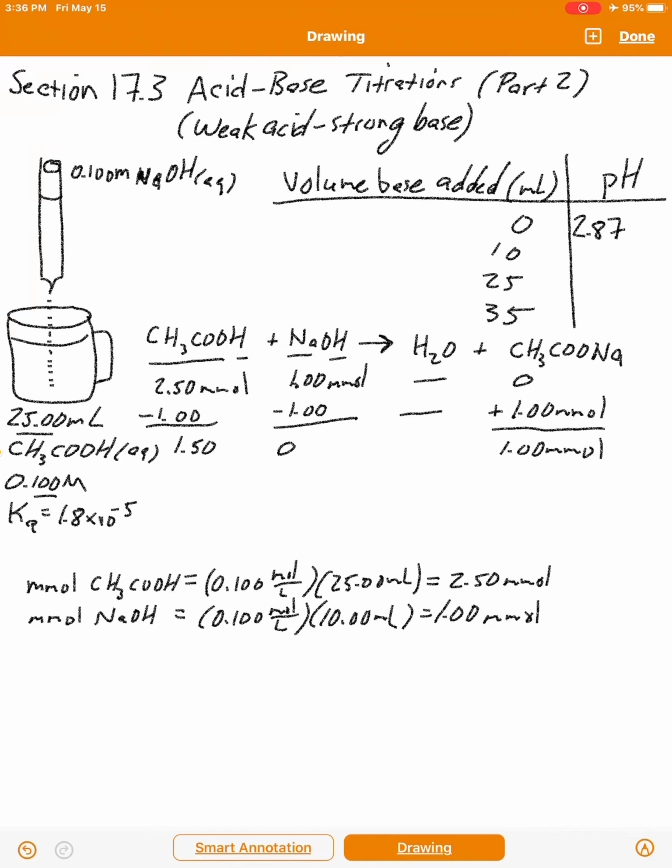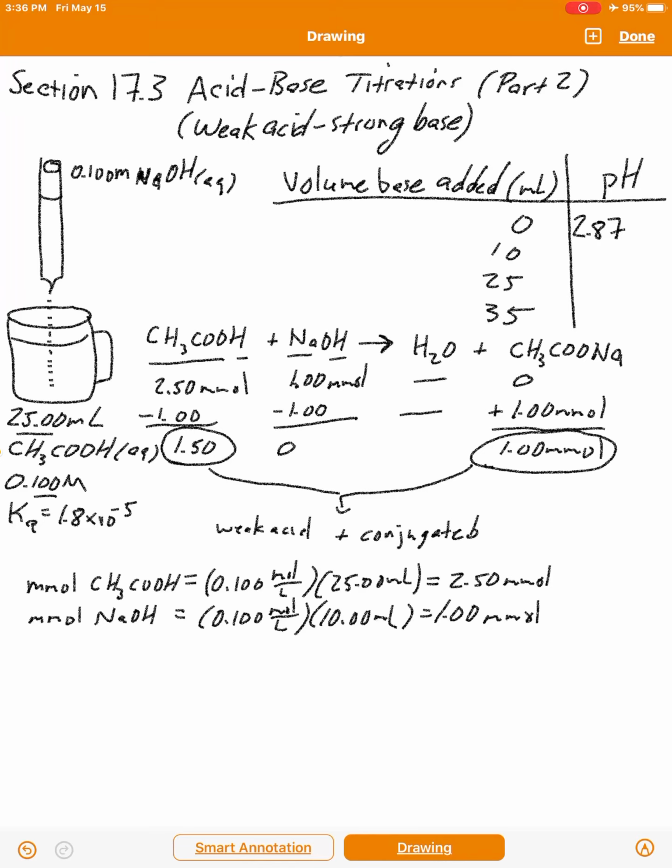Now, the mixture that we have in here is sodium acetate, which contains the acetate ion, and acetic acid, which is a weak acid. So look at what you have in this mixture. We have a weak acid, and we also have its conjugate base.